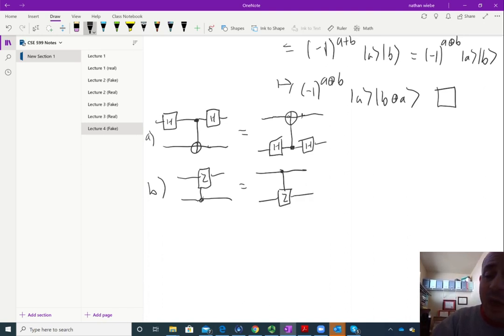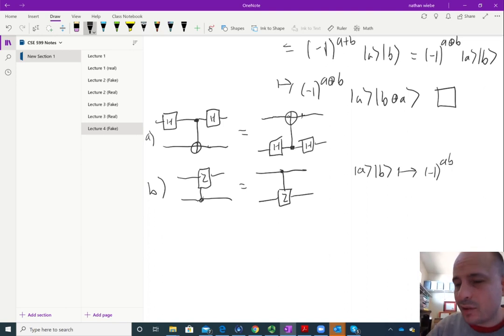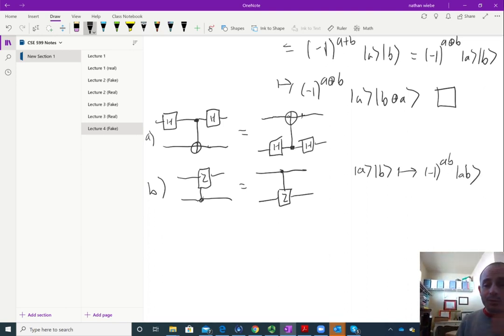How do we see this? Again, a controlled Z operation ends up mapping A, B to (-1)^(A·B), A, B. All right, cool.